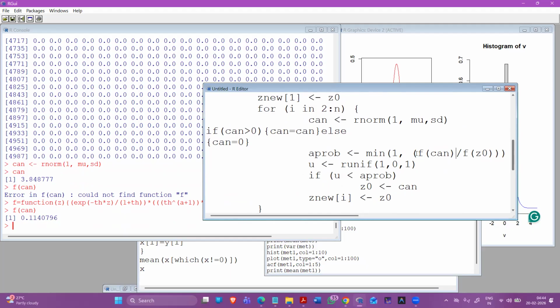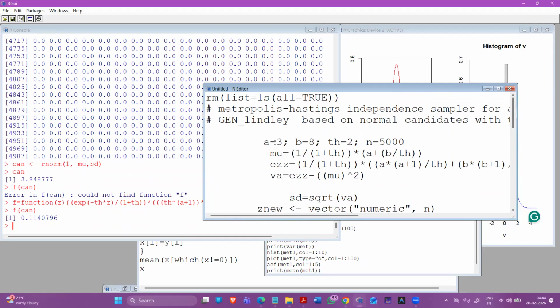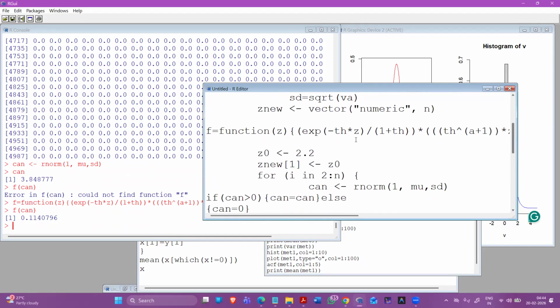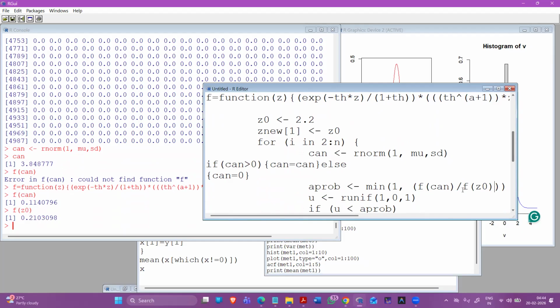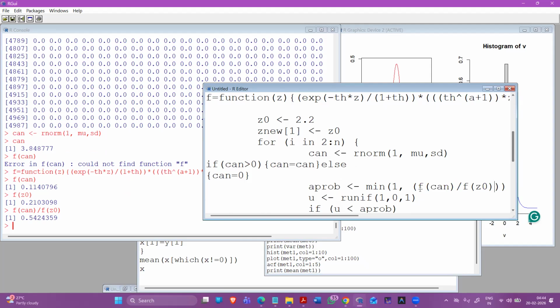Okay, so this is the value of my density function for the value generated from the normal distribution and for the given parameter values 3, 8 and 2. Right. Similarly, I can find my probability for Z naught. Right. So I am having the ratio of both of them.